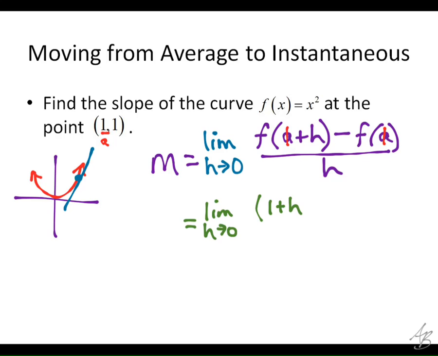1 plus h squared minus, what's f of 1 going to be? 1. You could either get that from the function, or I actually gave it to you by giving you this point, right? So either way works. So minus 1 over h.